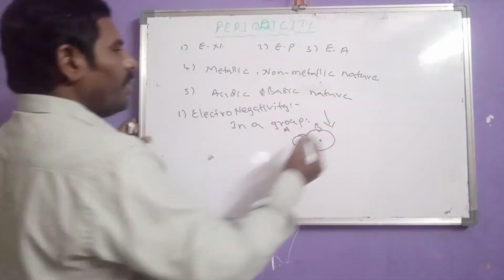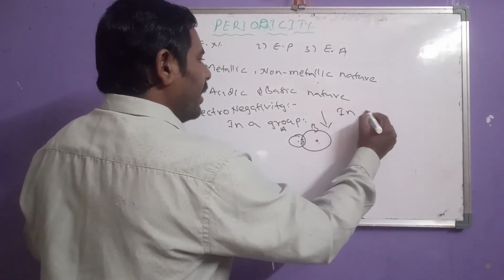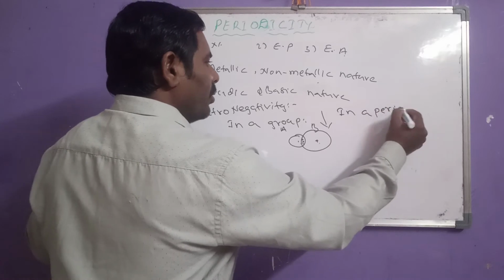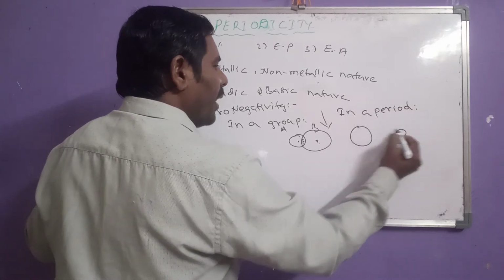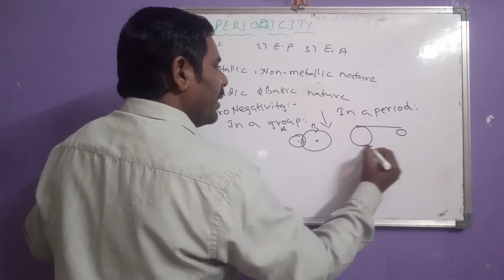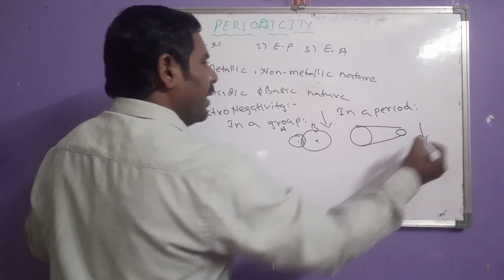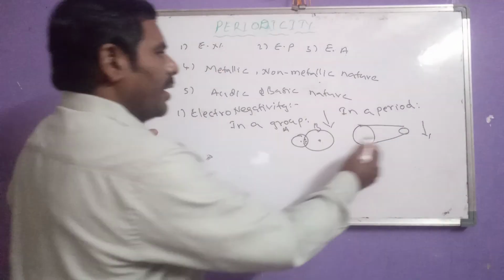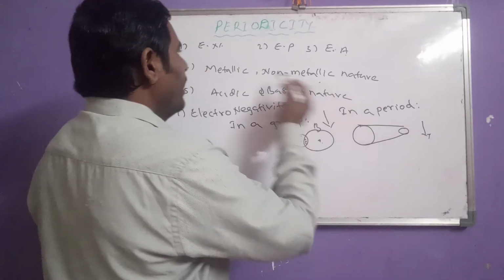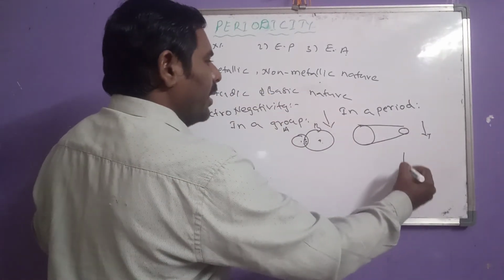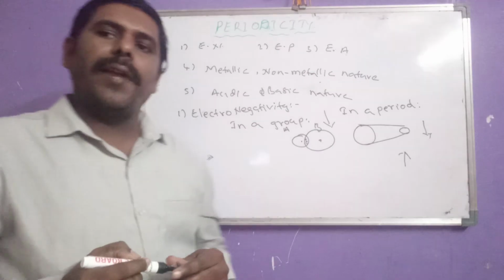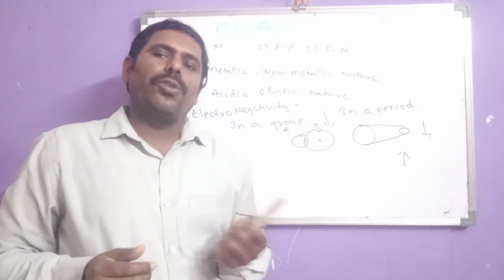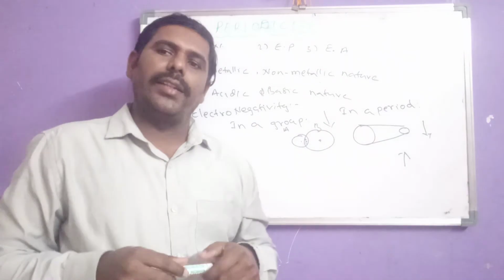Okay, now let us see in a period. Contrary to this, in a period from left to right, what happens here? Atomic size decreases. As atomic size decreases, what happens? The electronegativity value increases. So in a period from left to right, electronegativity increases.